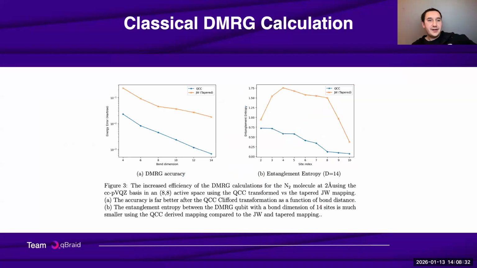When you use the new Hamiltonian in DMRG, you can see that on the left, for a given bond dimension, the accuracy is increased quite a bit because you removed a bunch of the entanglement between the qubits compared to a tapered Jordan-Wigner, which is shown on the right there. The entanglement is about halved between each of the qubits in your system.